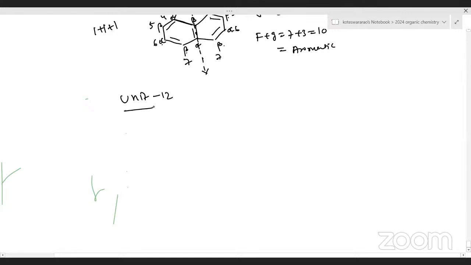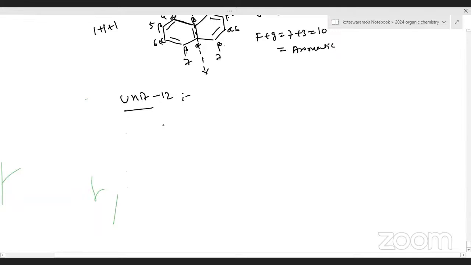Unit 12 is the synthesis of some aromatic compounds and the properties of some non-benzenoid aromatic compounds. Already we have discussed those structures during the 11th lesson.